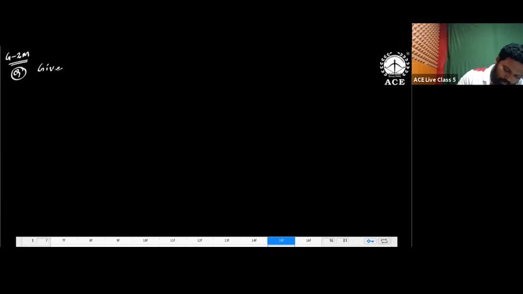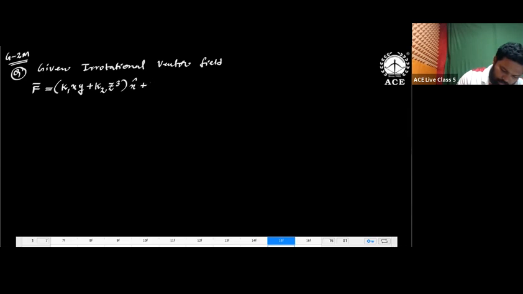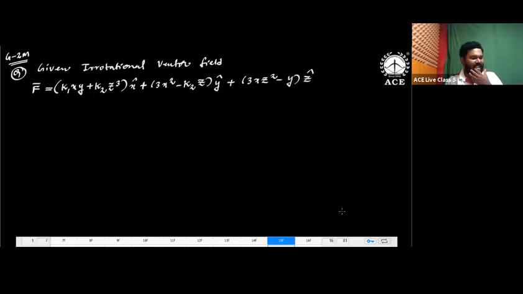Given irrotational vector field F is equal to K1 into xy plus K2 into z cube x cap plus 3x square minus K2 into z y cap plus 3xz square minus y z cap.